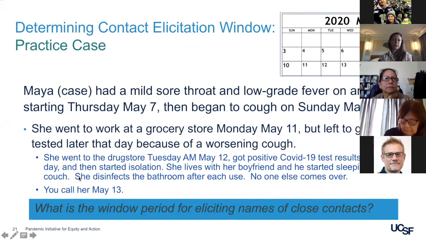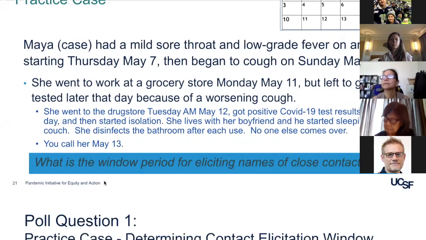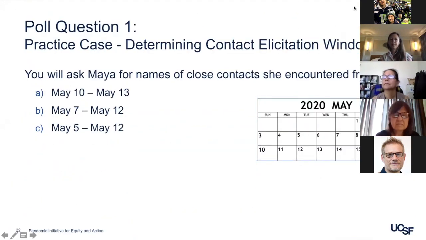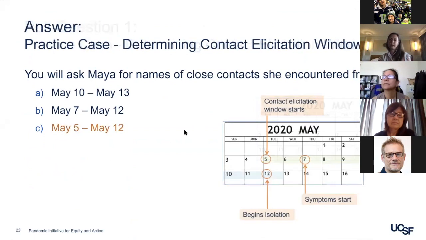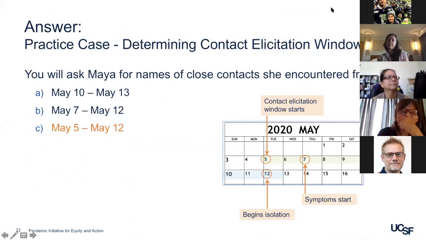All right, great work. Thanks for those who answered the poll. It looks like 89% said C, May 5th through 12th. So that is the correct answer. Symptoms started on the 7th.